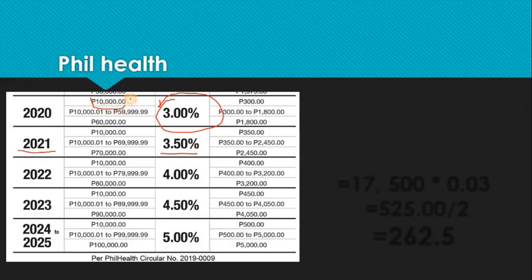If your salary is 10,000 and above, you are entitled to pay 3% of that. But take note, PhilHealth, same with SSS, should have a contribution from the employee and a contribution from the employer. Okay, so that is 3%.